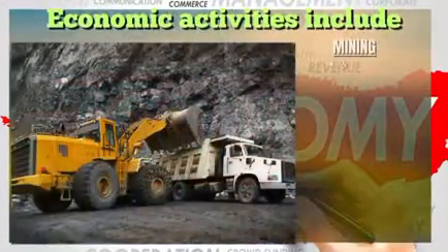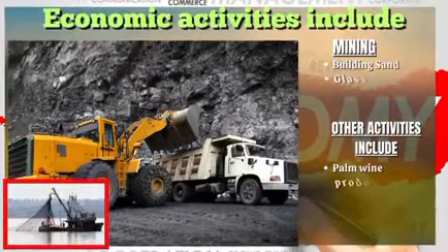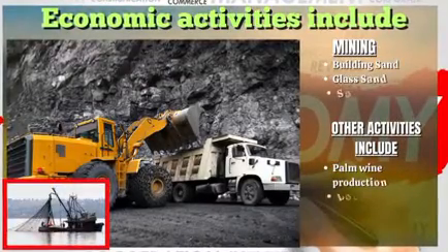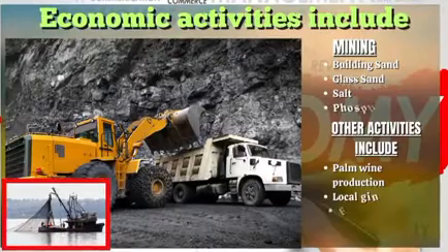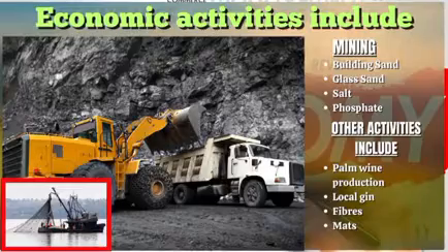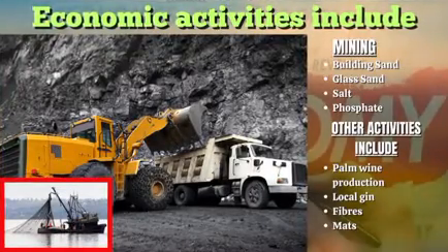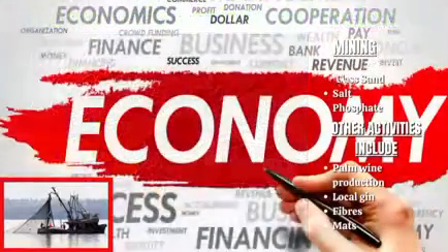The economic activity in this region includes mining of building sand, glass sand, salt, phosphate and other forms of minerals deposited in this region. Also, they include production of palm wine, local gin, fibers and mats.